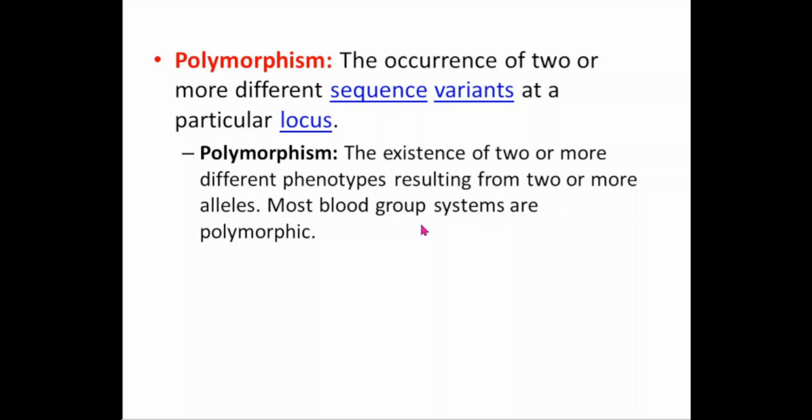Most blood group systems are polymorphic. Blood type A, blood type B, AB, or O, these are polymorphic, many forms. These are the proteins resulting from many kinds of genes.